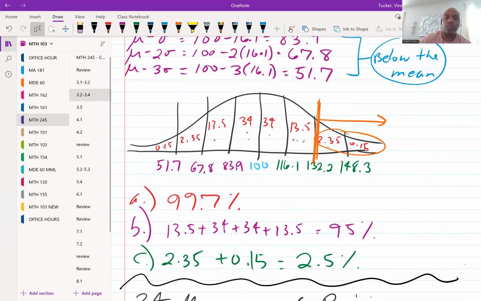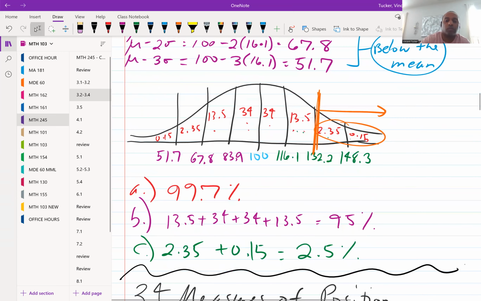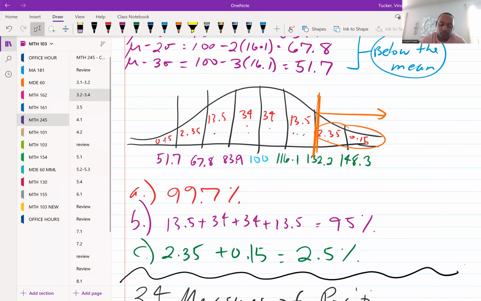So you add the 2.35 and the 0.15 and you get 2.5%. All right, questions? Any questions?